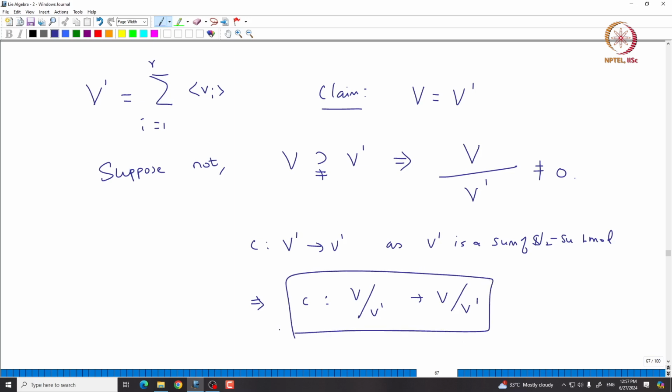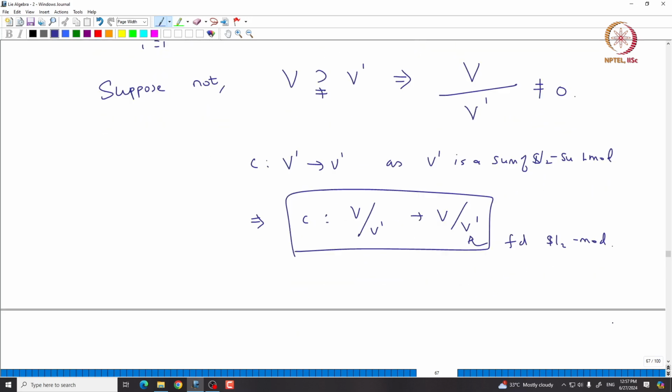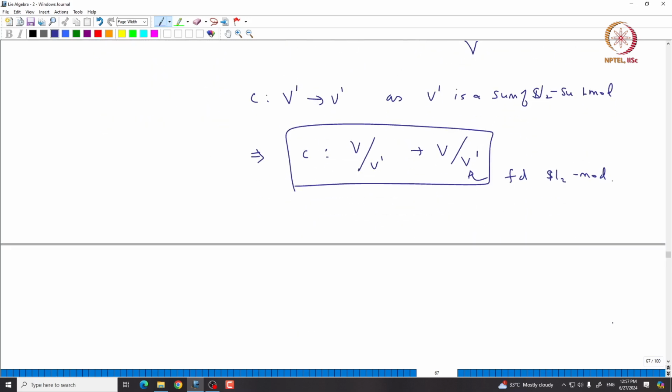Since this is a finite dimensional sl2 module, it must have some irreducible representation sitting inside. Note that C will act as a scalar on that irreducible representation. Let us say W, which is sitting inside V modulo V'.